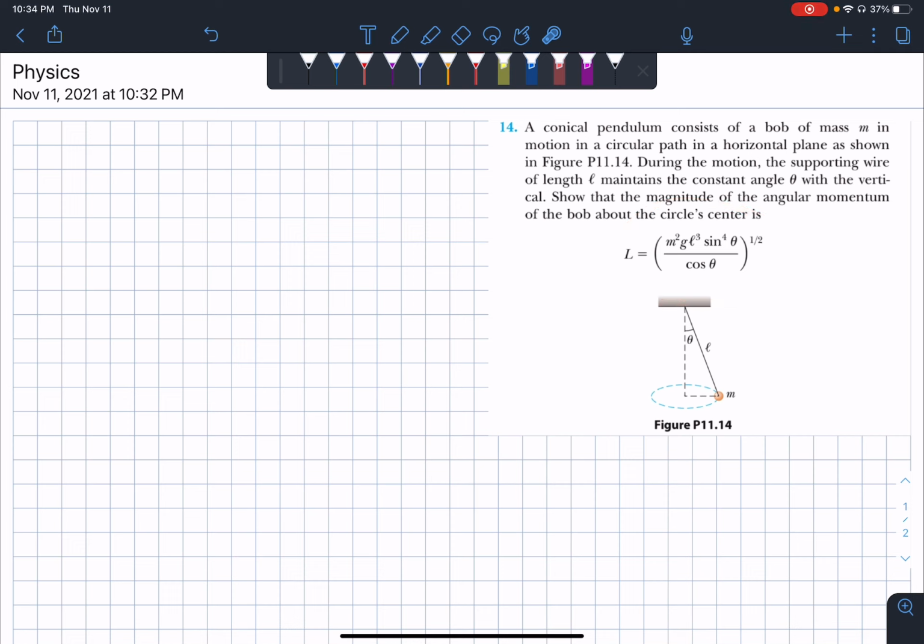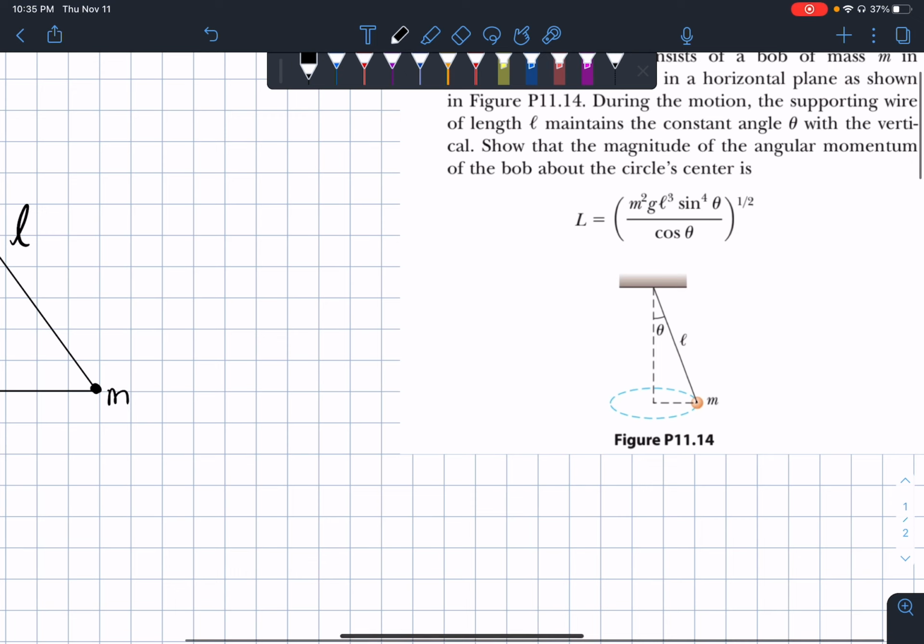Okay, well, first thing I'm going to do is actually just redraw the triangle that is created, just a little bit bigger. So this triangle corresponds to this one right there, where this angle is theta, this is length L, and here is the mass m, and it's traveling around like this.